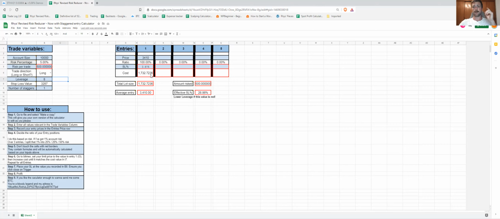The second reason is it allows you to mentally check you're in the right ballpark. So let's make my leverage something nice and round so it's a bit easier to do the maths. We'll go with 10. All right, so I know that I'm risking 10 times 3.6%. So I'm risking 36% of whatever my cost is.